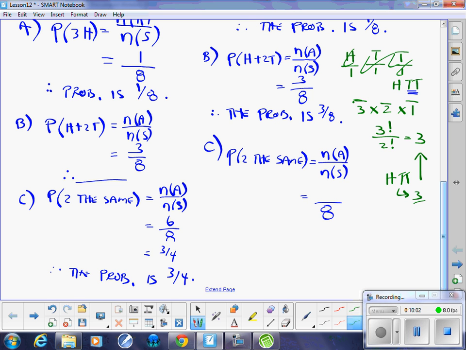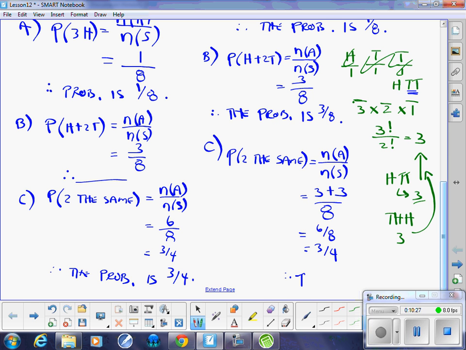If I flip it, tail, head, head, logic would dictate the same thing is true, so there are 3 there. So that means I would have 3 ways to get head and 2 tails, plus 3 ways to get tail and 2 heads, giving me 6/8, which reduces down to 3/4.